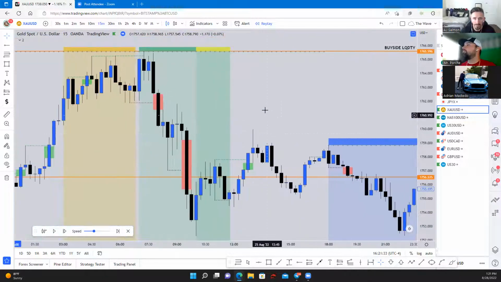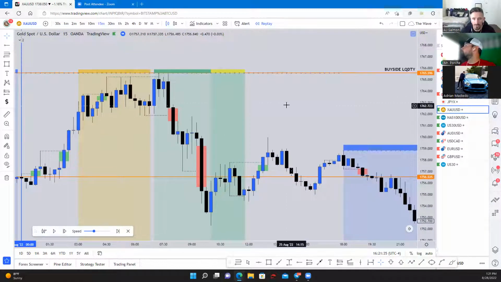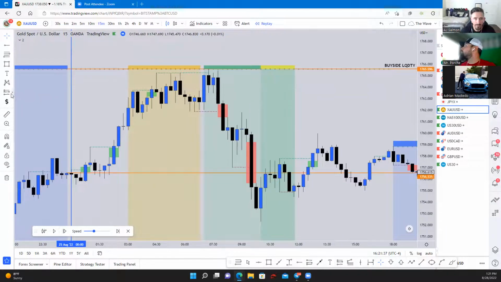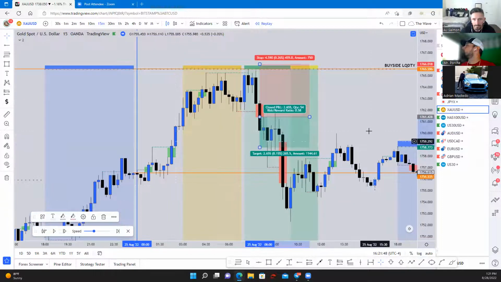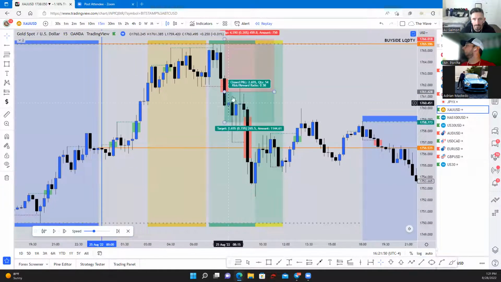If it happens on the 15 minute, it's a stronger time frame. So it's going to be up to you what kind of trader you are and what you want to do, because here you have that gap, and this is the gap.